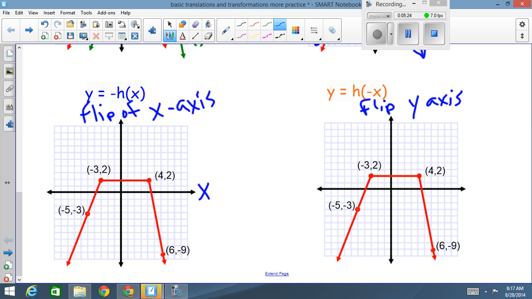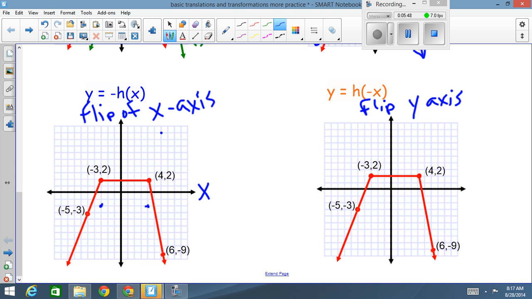So for instance, this point negative 3, 2 needs to come down here exactly 2 units down from the axis. 4, 2 is going to flip down here exactly 2 units from the axis. The point 6, negative 9 now needs to flip up here and needs to be 9 units from the axis on the other side.